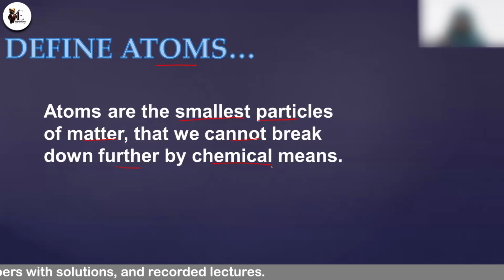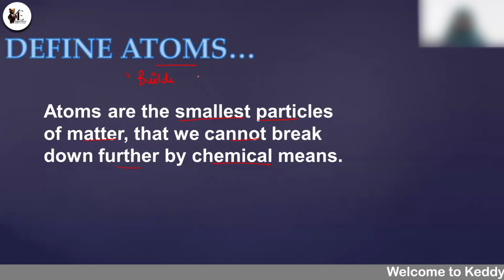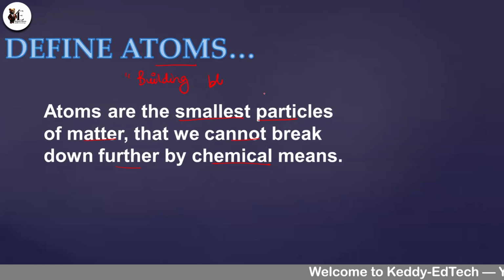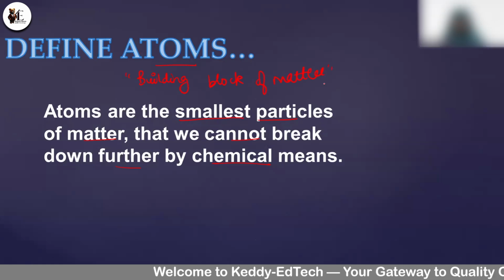Because atom is the smallest unit of matter, you cannot make something new out of it. It remains atom only. In the simplest language, you can say it is the building block of matter.